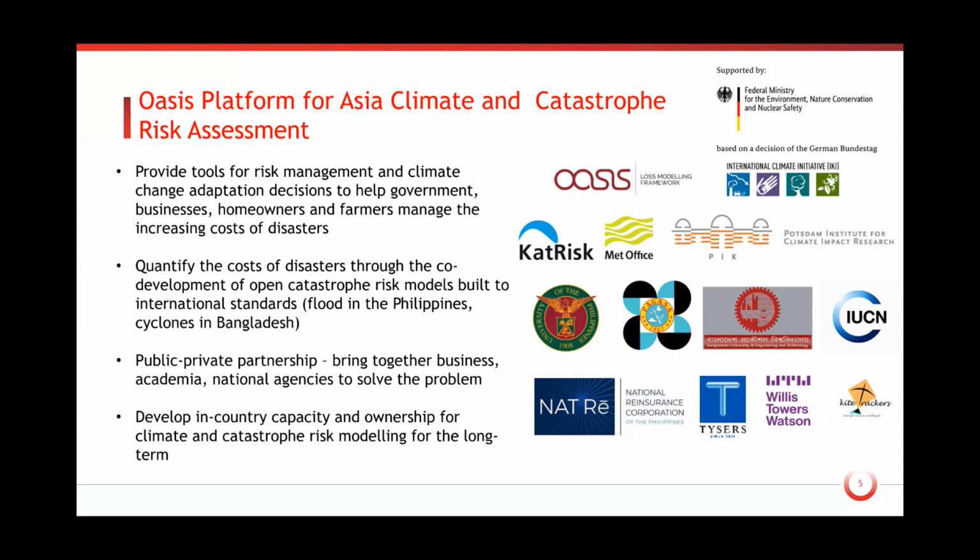And this co-development is being done between very experienced organizations in Europe and local institutions in the Philippines. It's a public-private partnership, so we're bringing together business, academia and national agencies to solve the problem of increasing risk from cyclones and floods and so on.